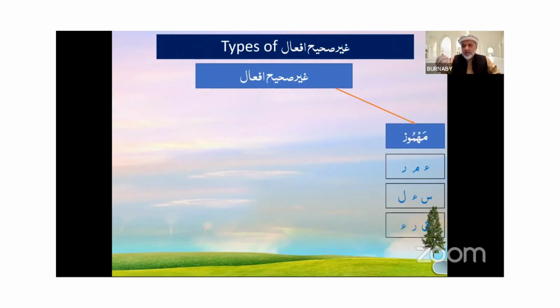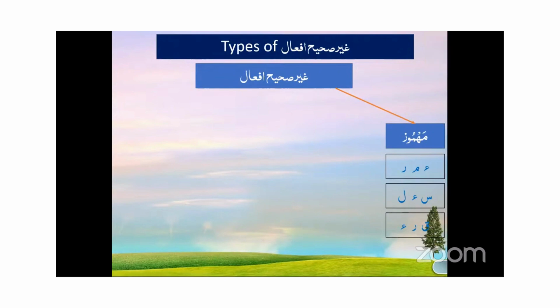Qaf, Ra, Hamza. Now, in the first root letters, what is the position of Hamza? First, the fa kalima. Agree? Yes. Mahmuzul fa. So I showed you those, the fa kalima, the ain kalima, the lam kalima, for a reason. I'm asking you to recognize that a Hamza in the root letters could occur at the fa kalima or the ain kalima or the lam kalima.